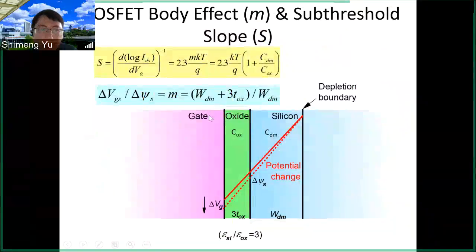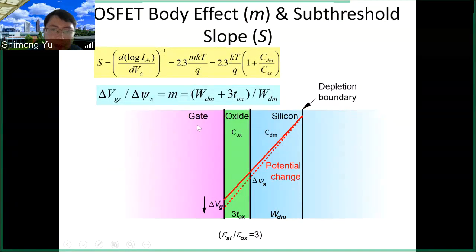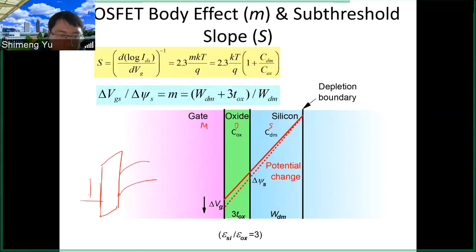And also we can look at the S slope from the geometrical parameters point of view. So if you think about the MOS structure, and if we bend down the band, if you think about the band diagram we have shown before, this is the gate voltage you apply, and then this is the phi S surface potential, and then you have the VOX here.